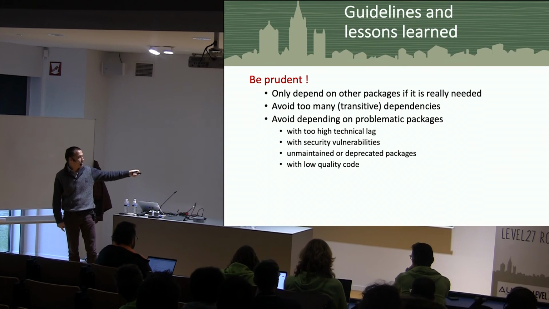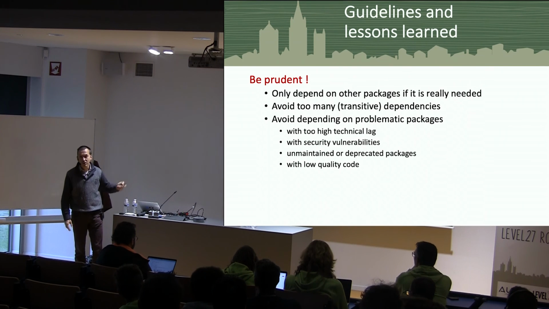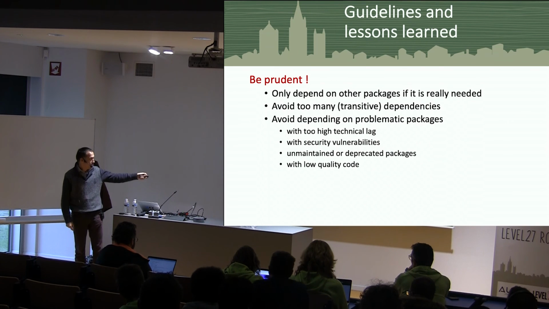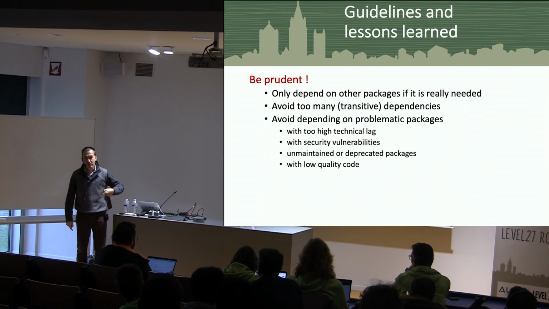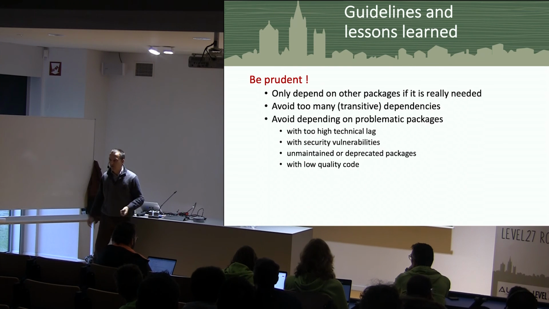If the package is unmaintained or deprecated: unmaintained is very easy, you go to GitHub, you look at the activity log, and if there is no activity whatsoever in your package, it's unmaintained, so don't depend on it. Deprecated packages, don't depend on them. Packages with low quality code, that's already a little bit more difficult. How are you going to analyze this? You need some code analysis tools.